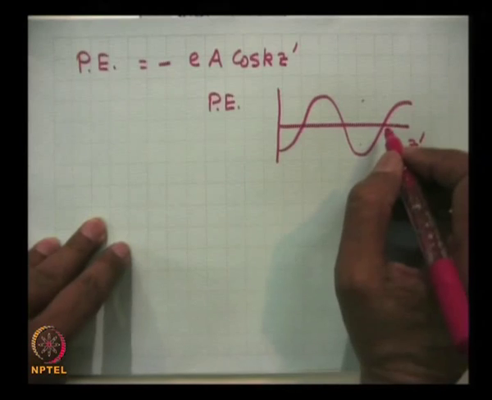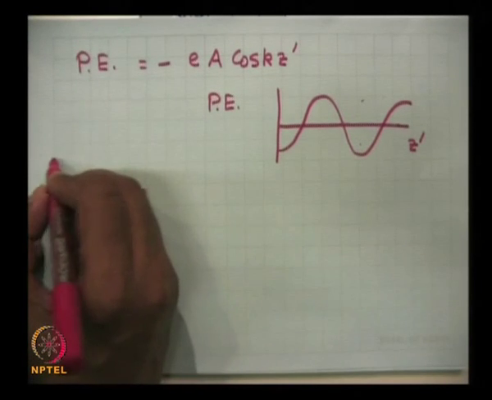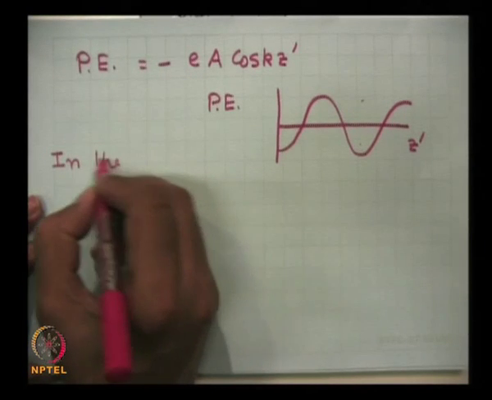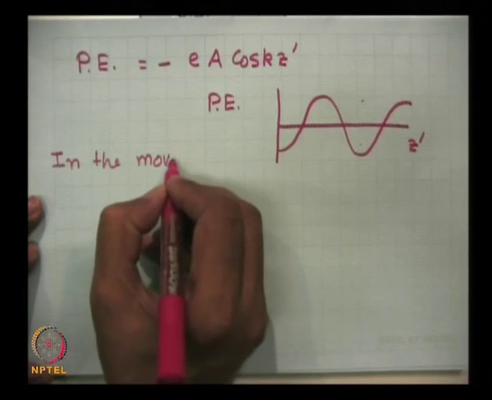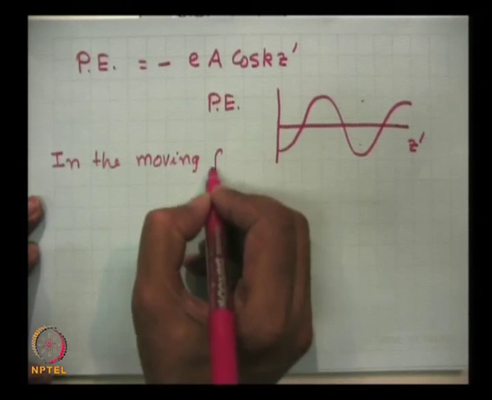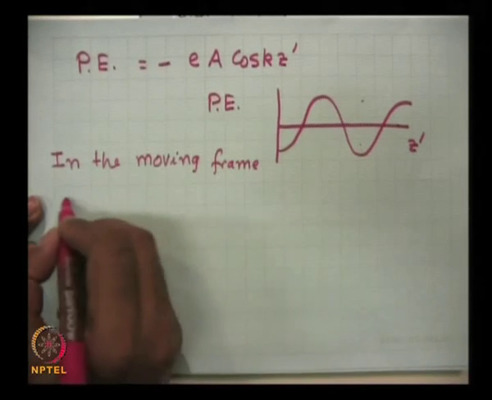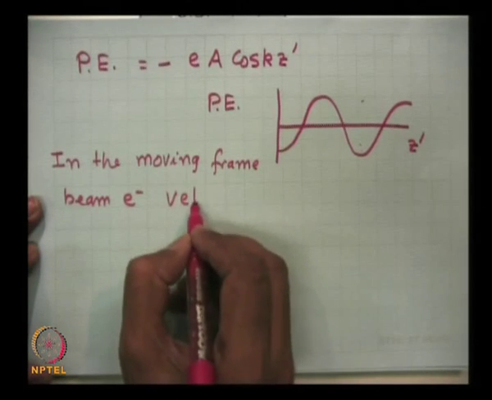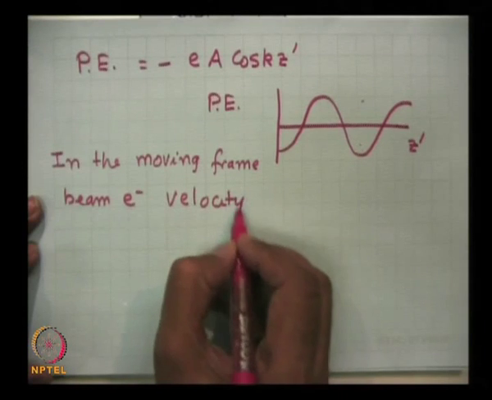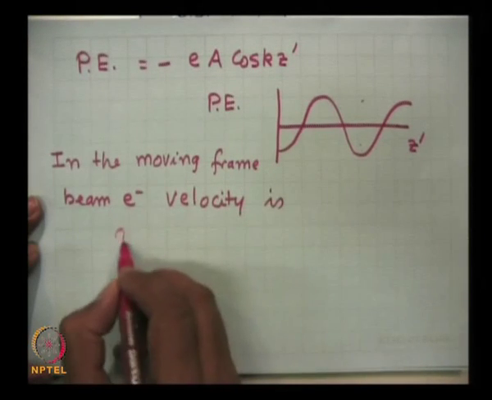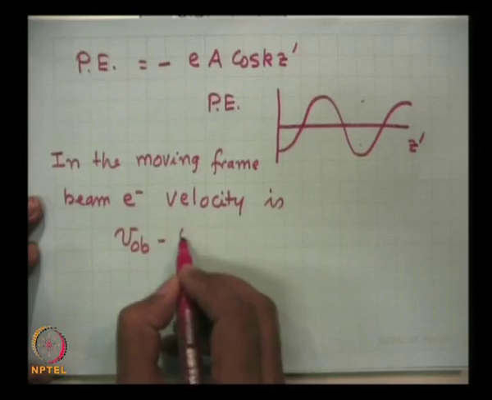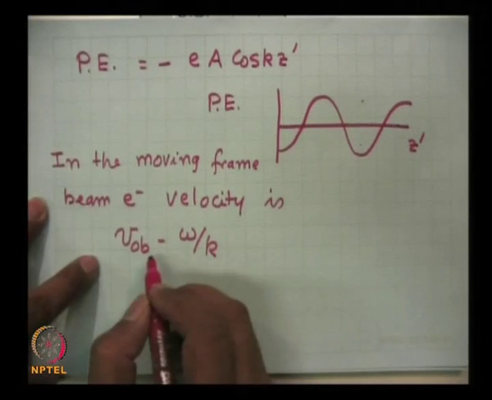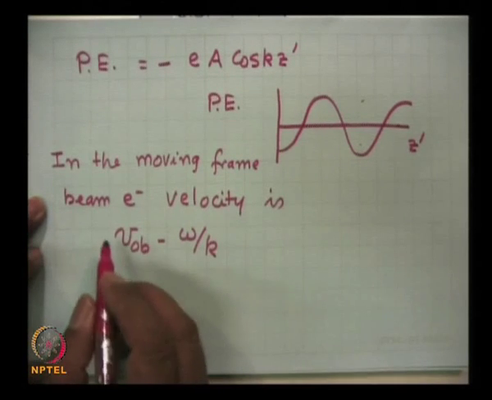And it is possible that in the moving frame the electron velocity is how much? So in the moving frame, beam electron velocity is V0b minus omega by k. This is the velocity. So what is the kinetic energy?